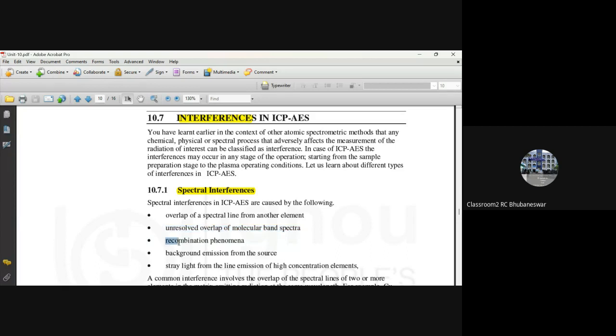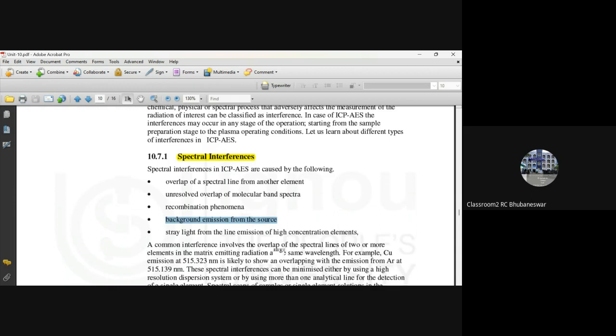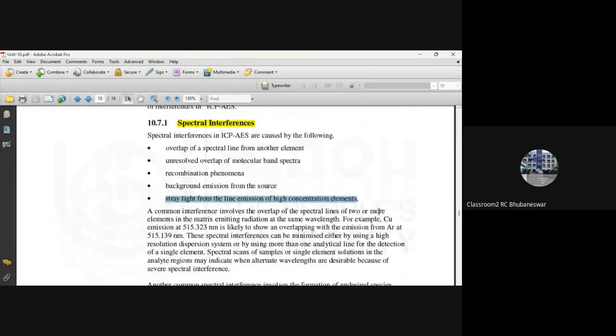Then recombination phenomenon means completely overlapping, and recombination may happen sometimes. And background emission from the source itself can also be there, and stray light from the line emission of high concentration elements can also be present.